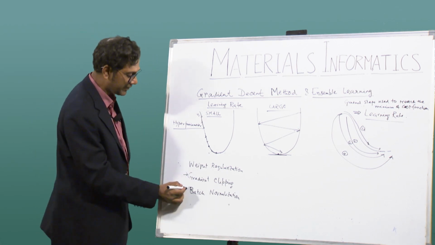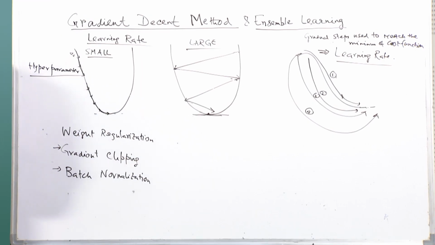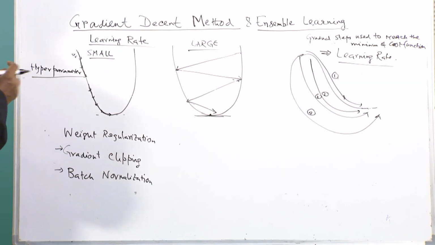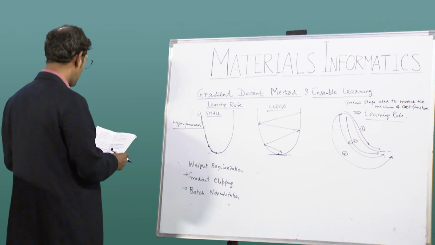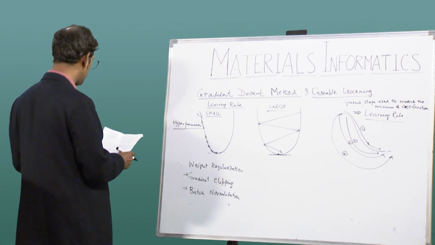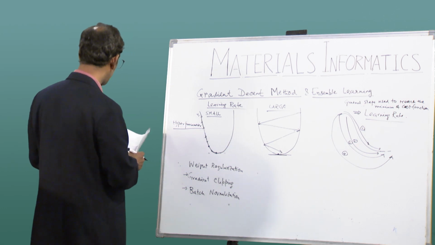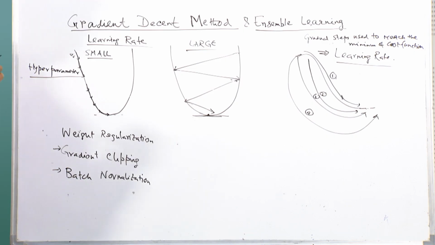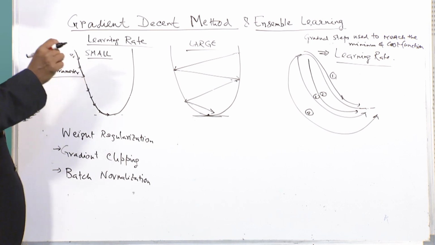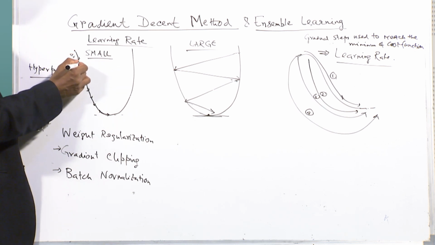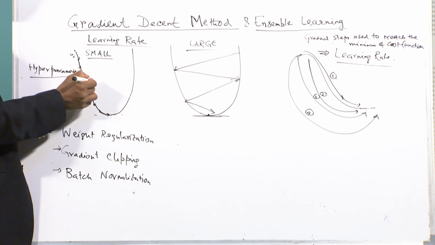Or you can use the batch normalization method. What is that? It can also help to address the problem simply by normalizing the input of each layer, to prevent the activation function from saturating, correct. So, what does it say? The input of each layer, each step you are doing, is normalized, because you start with this input, then this becomes the input to the next one, and those inputs can be normalized.